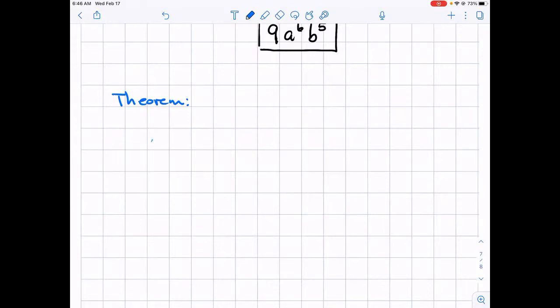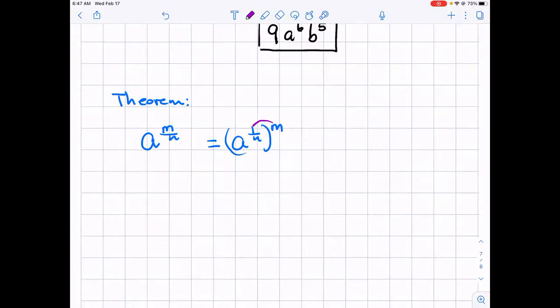If we have a to the 1 over n, raised to the m, this is the same as if we write a to the 1 over n times m, because when we distribute what's on the outside, we will still get a to the m over n.